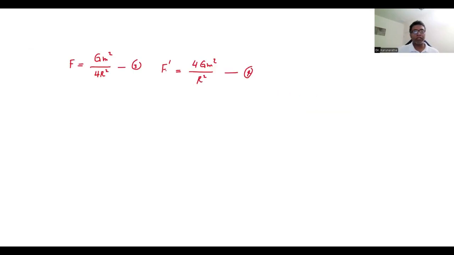So I wrote down equations number 3 and 4 again on a new slide. Now let's use algebra and simplify this for F prime.